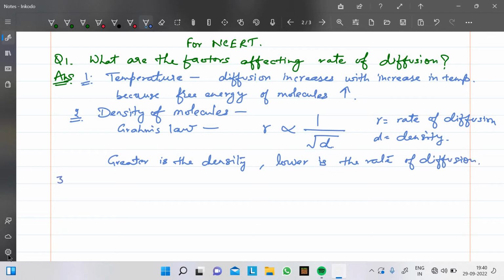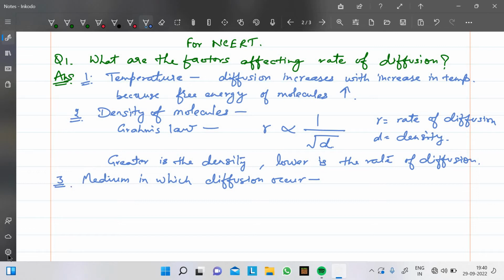Clear? The third one is the medium in which diffusion occurs. What will happen if the medium is concentrated? The rate of diffusion decreases.